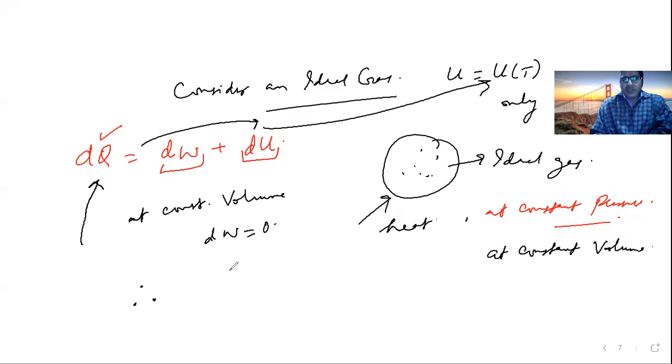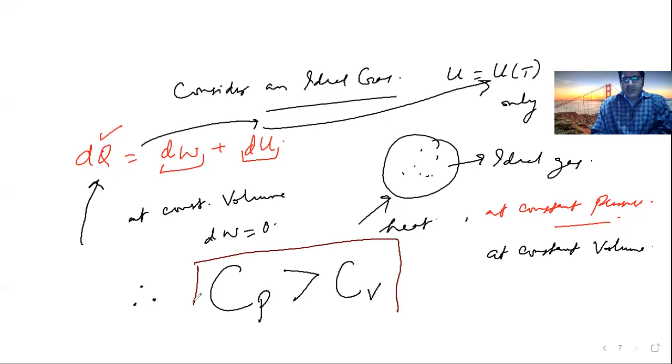So the conclusion is Cp is greater than Cv. Remember it. So we have justified why Cp, heat capacity at constant pressure, is more than heat capacity at constant volume.